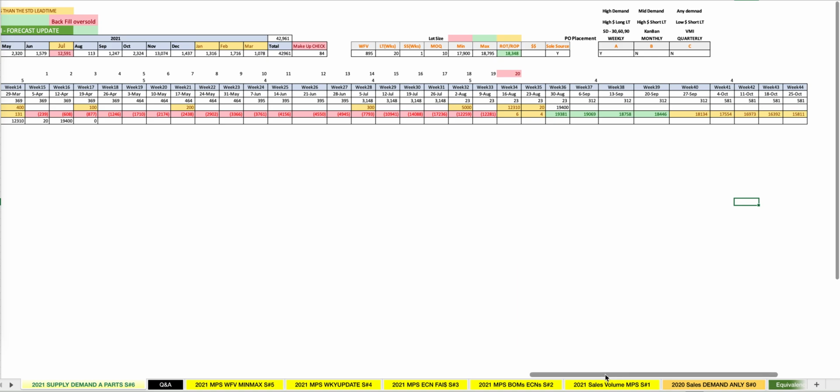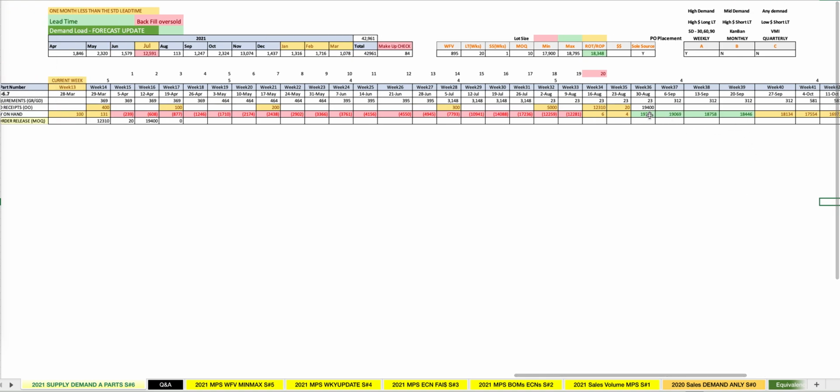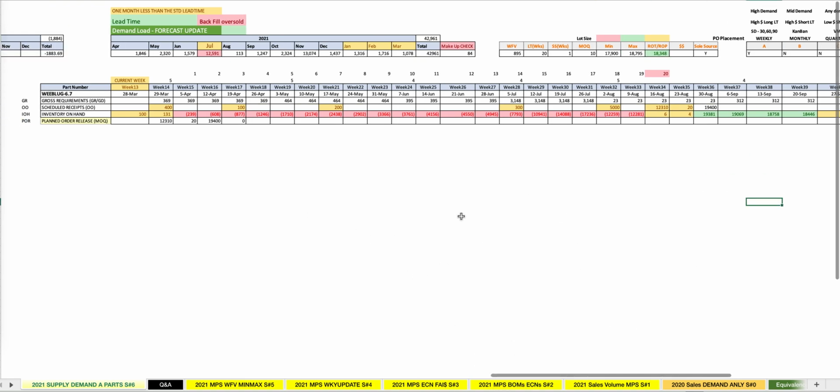So in A components, the target is to have them in green, meaning meeting our inventory policy, in this case the minimum of 18,348. So it's a very simple tool, however, it implies that you need to have a lot of data and a lot of things figured out, which is, again, summarizing the sales forecast, very, very detailed.